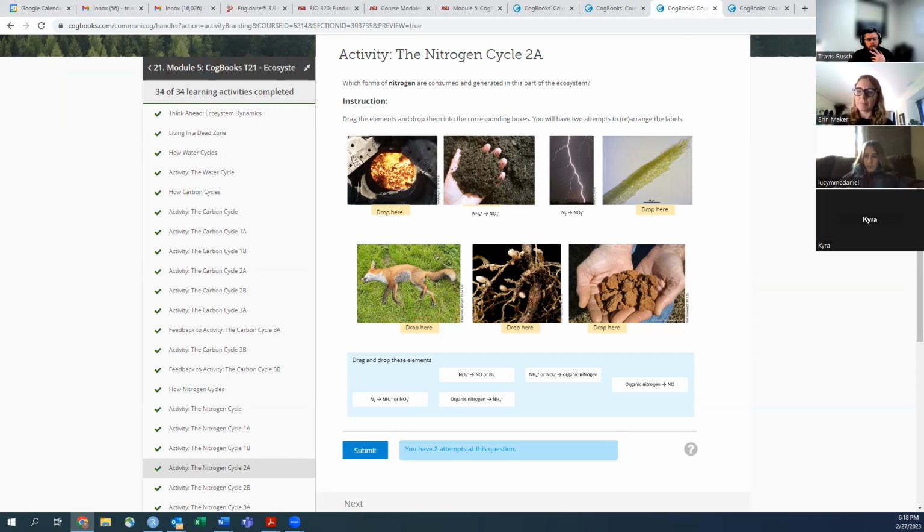So that's a little confusing. I'll make a note of that in my notes, and we can go back and double check that in CogBooks too. Yeah, because it had the examples where nitrogen fixation can occur by organisms, lightning, or the industrial production of fertilizers.